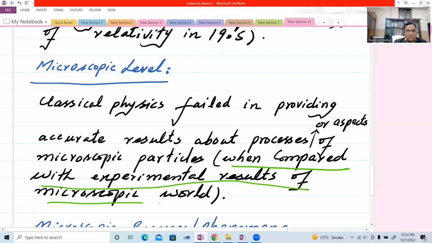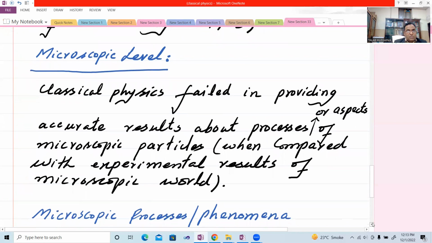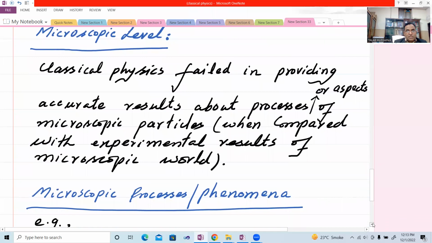There were some experiments performed in order to study the processes that take place at the microscopic level, and it was found that the results of the experiments are not the same as the results provided by classical physics. In other words, classical physics failed in providing any explanation about the processes which take place at a microscopic level. So this was the second domain where classical physics fails.